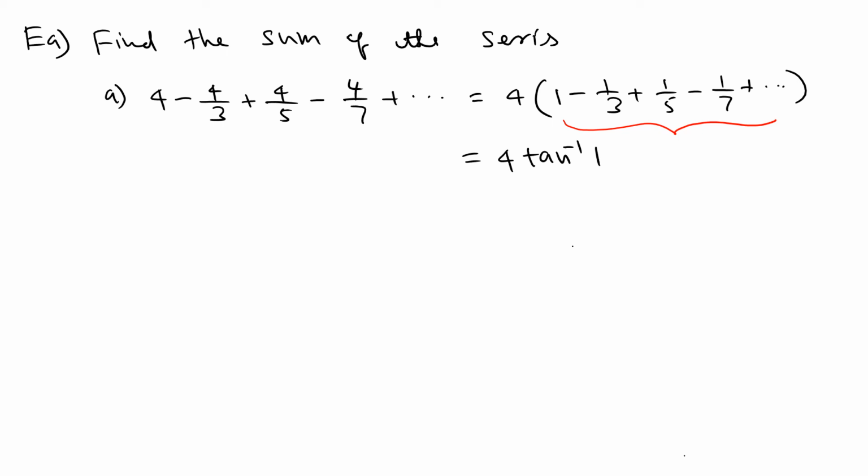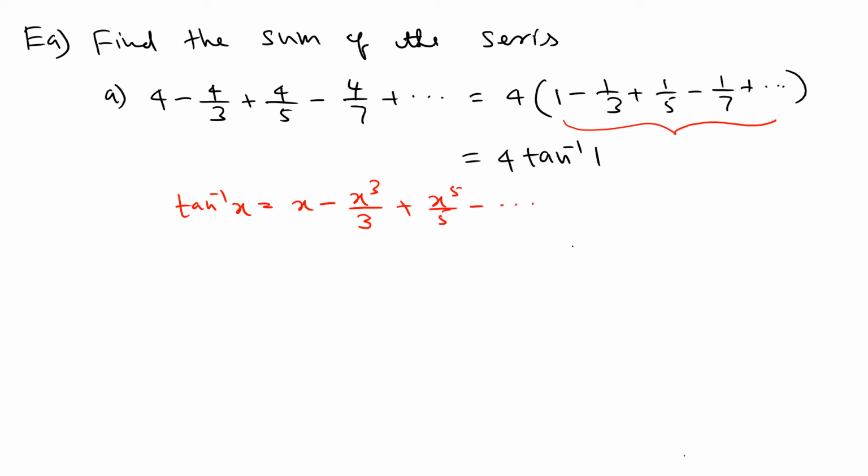Because if you go to the tan inverse series, tan inverse x is x minus x cubed over 3, no factorial, plus x to the fifth over 5 minus, like that. So you can see that's exactly that.